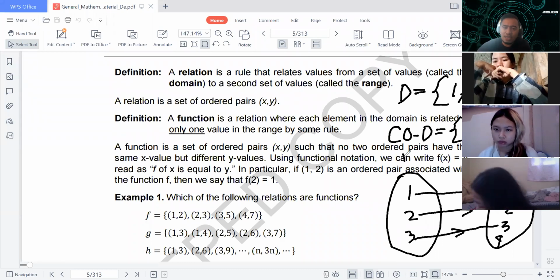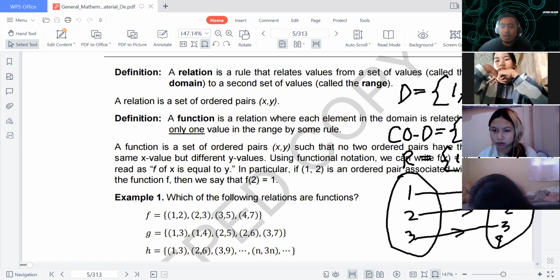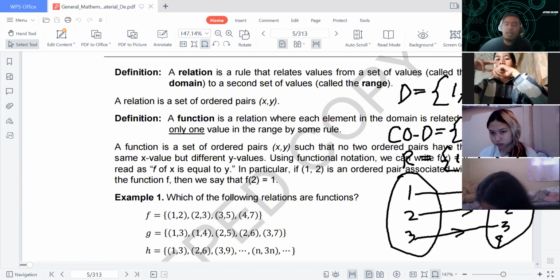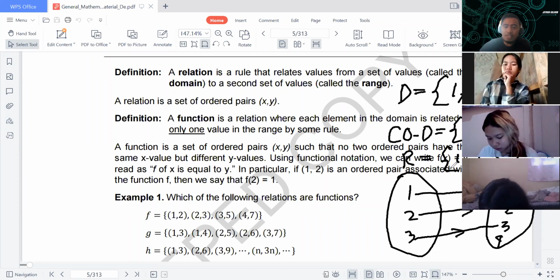What is your range? 1, 2, 3. Very good. The range is only what is used from the codomain, because not all the time are all the elements of the codomain used. That is the difference between range and codomain.